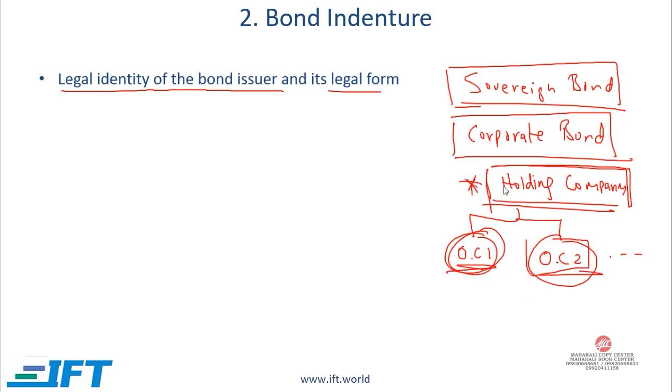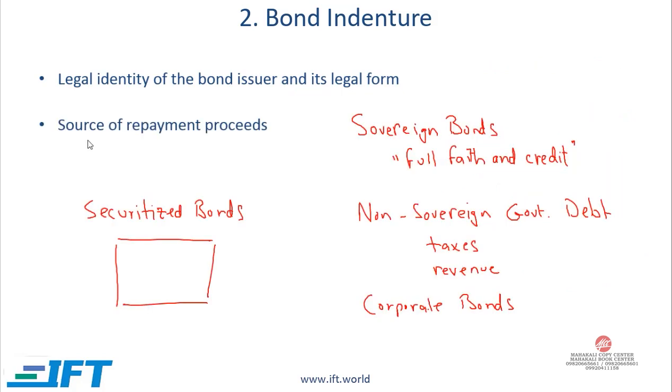If the bond is issued by the holding company, which has no assets, then the credit risk will be relatively high. The next point to consider is the source of repayment proceeds. In other words, where will the issuer get the money to make the coupon payments and the principal payments? The source of repayments will depend on the type of bond.